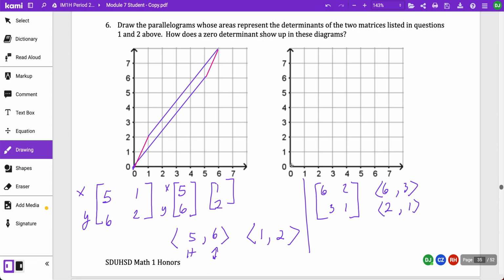Starting from here, at the origin, I would go over 6 and up 1, 2, 3. No problem. And then this is what makes it not a parallelogram. Please go ahead and follow along when I draw the next one of going over 2, up 1. These are two lines that lie right on top of each other. Therefore, we can easily see that this can't form a parallelogram.